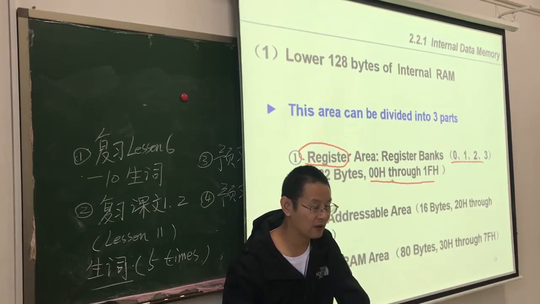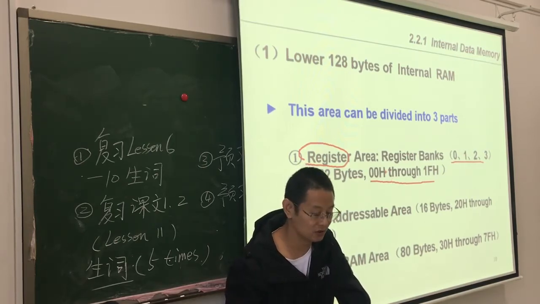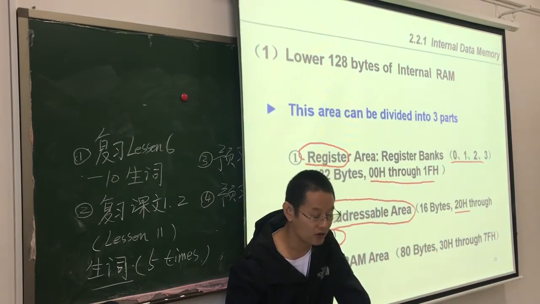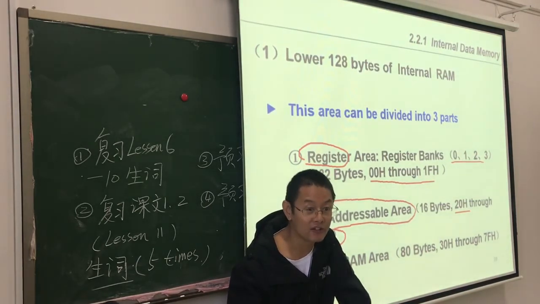When you make your program, you can use the registers. From 20H to 2FH is the bit addressable area, which means you can read and write the bit, not the byte.